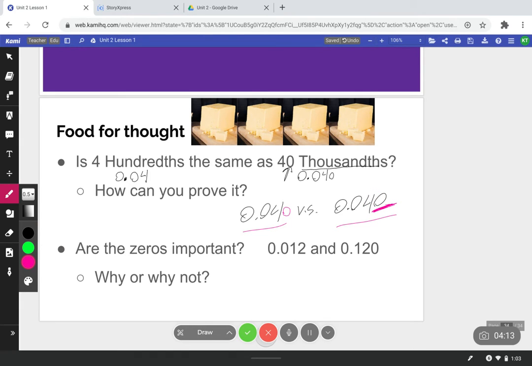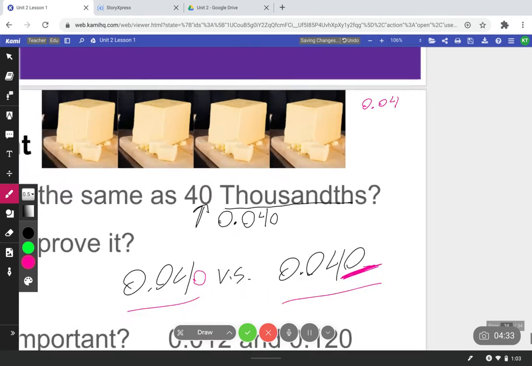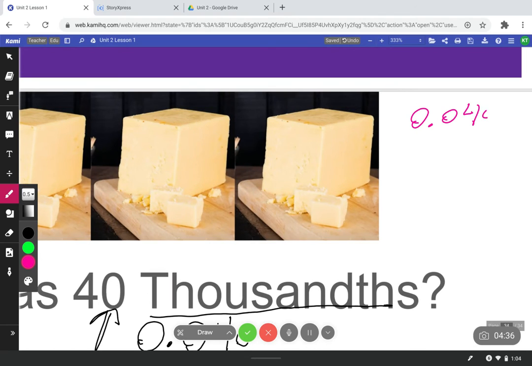And we're going to use 40 thousandths when we're adding or subtracting. There's a reason why you would say 40 thousandths versus 4 hundredths. So let's say I have 40 hundredths, excuse me, and I'm subtracting 3 thousandths.